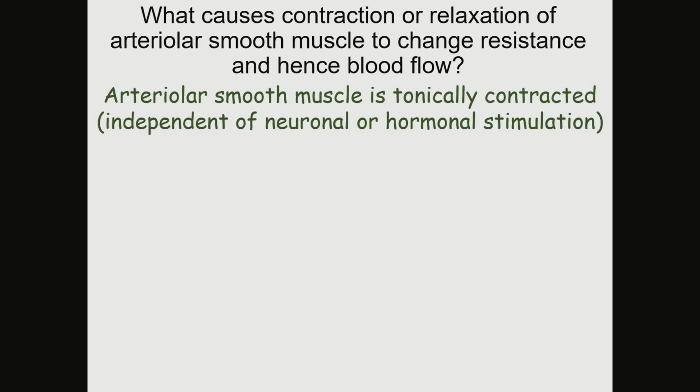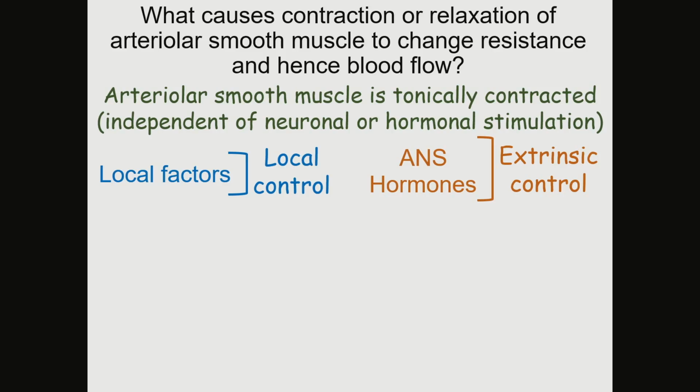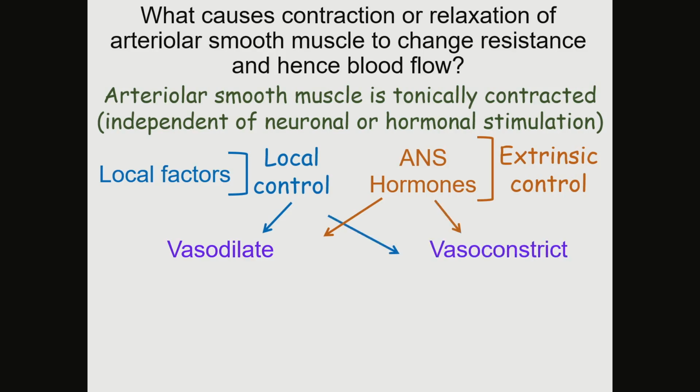And so you can either increase or decrease how contracted or constricted or dilated those blood vessels are. We have local factors, and then we have extrinsic control. Nevertheless, all of these things can cause the arterioles to dilate or to constrict.